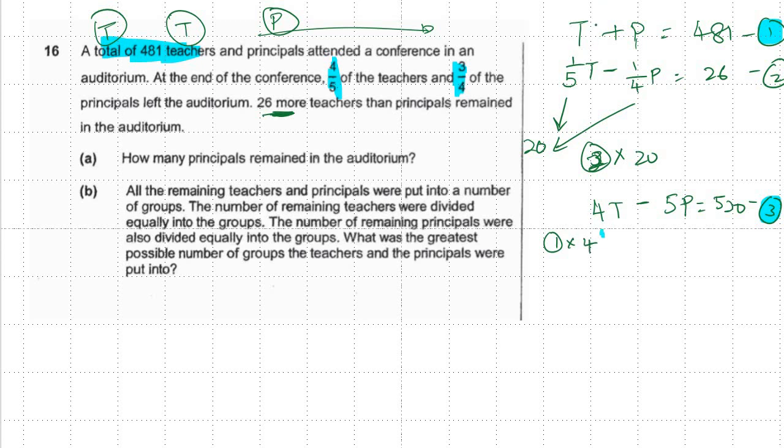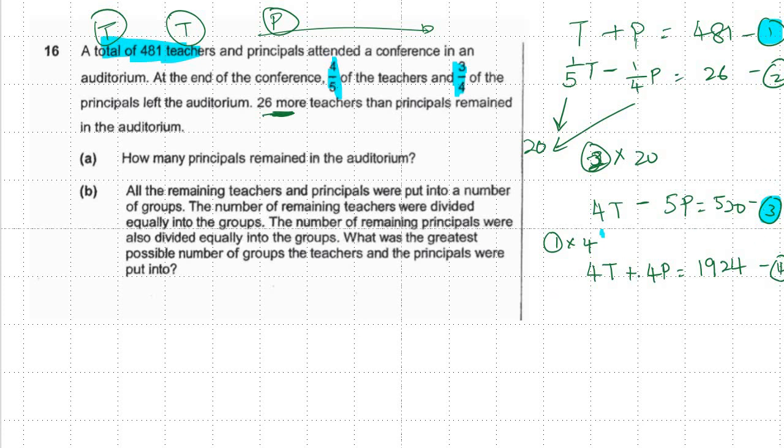I need to get rid of the teachers here, so I times 4. So equation 1 times 4 is 4T plus 4P. So this 481 also times 4. You will have a value of 1924, okay, so is this my equation 4?